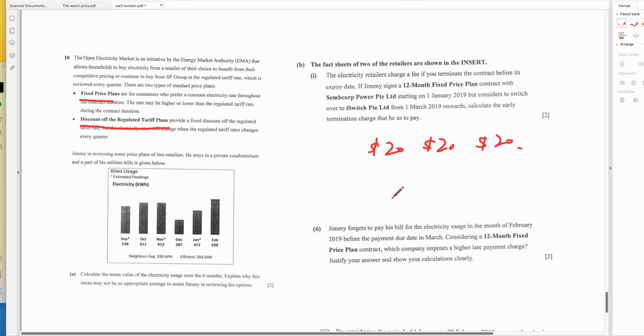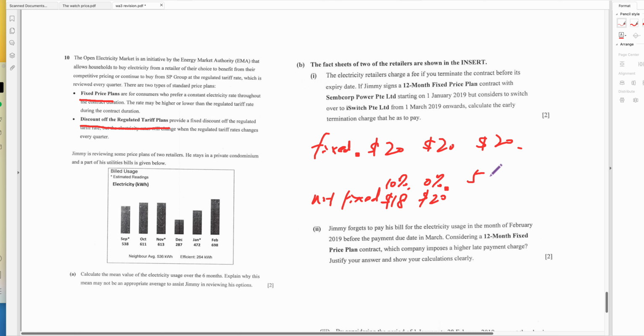And then the discount off the regulated tariff is not fixed. It depends on the discount for the month. So let's say the discount is 10%. Then 10% off $20, you pay 18. No discount, sorry, no discount, 20.